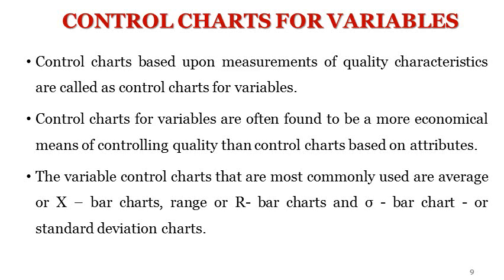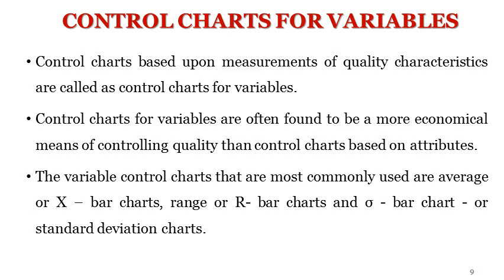Usually control charts for variables are the graphical representation of one of the variables. Consider if you are going to produce a part. In a control chart for variables we will represent one of the variables of that part. If the most critical variable of that product is length, then we will measure the length.